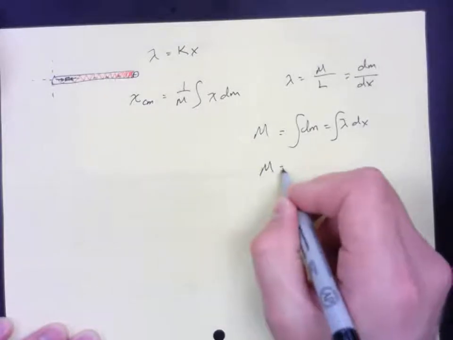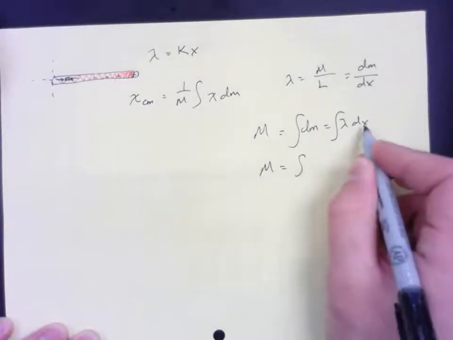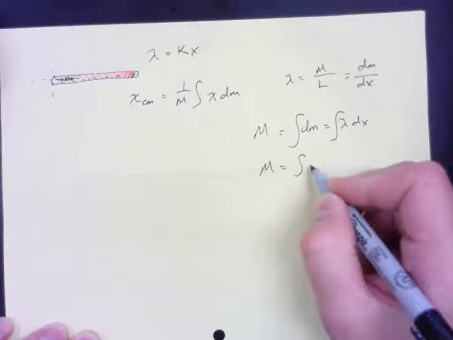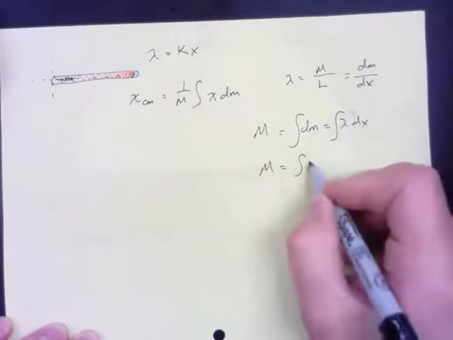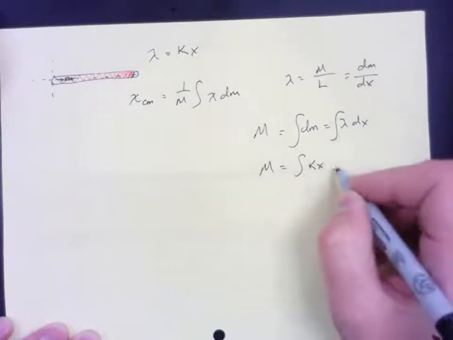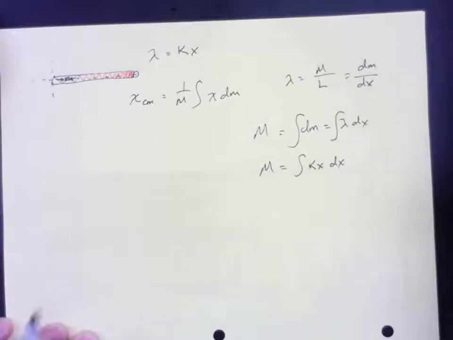So the total mass is going to be the integral of lambda dx. But we know that lambda is a function of x. So let's substitute in kx for lambda.